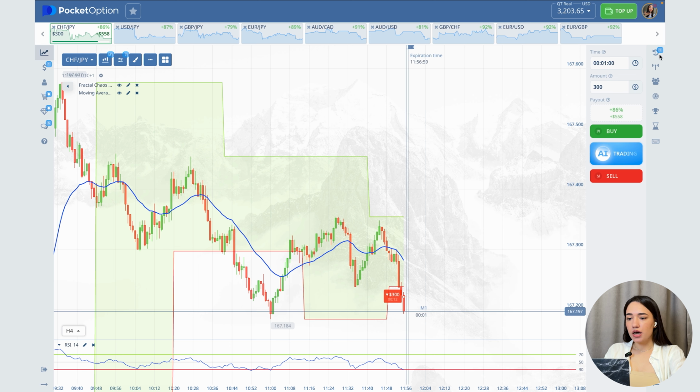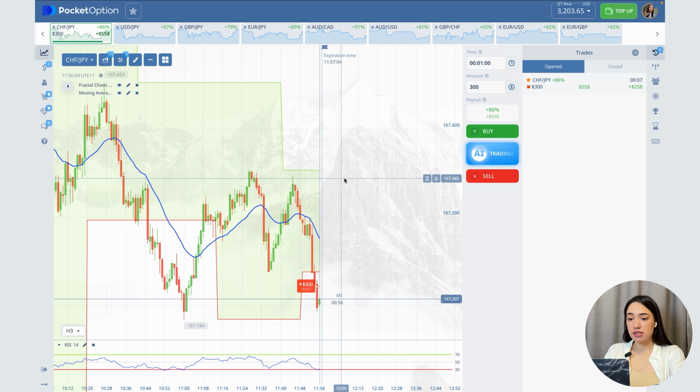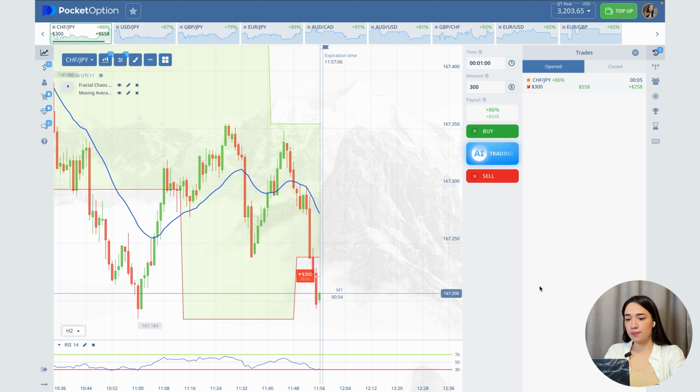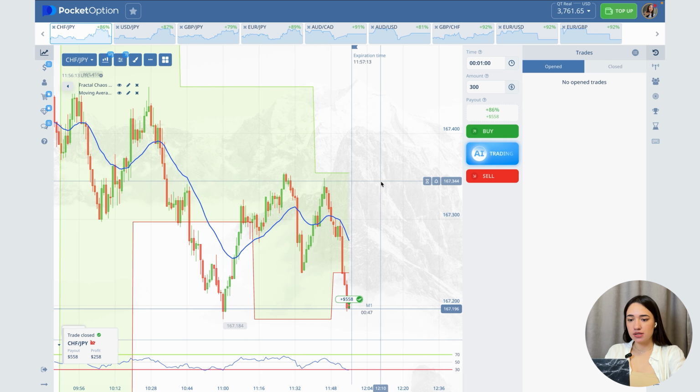So the moving line shows us a strong dynamic in the trend, and the last seconds remain. And the trade also closes confidently in plus without any problems, guys.